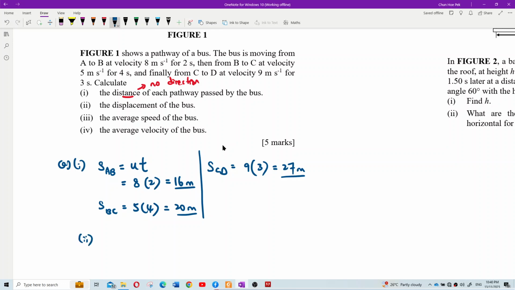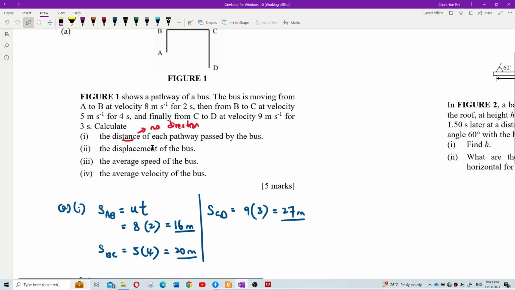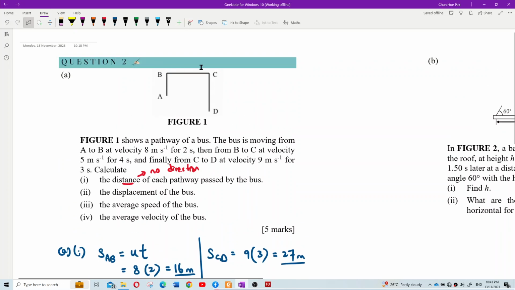So now displacement. That means we don't look at each pathway. We look at initial and final point. That's displacement. We just look straight away from initial to final point in a straight line.